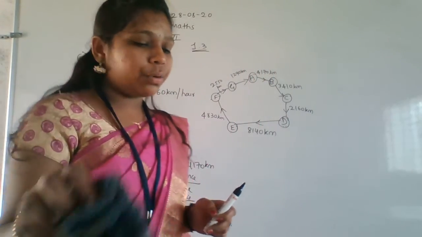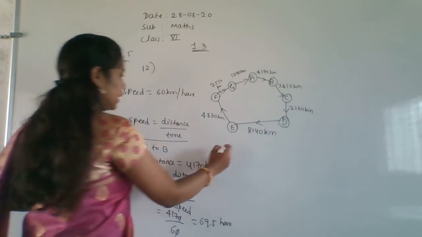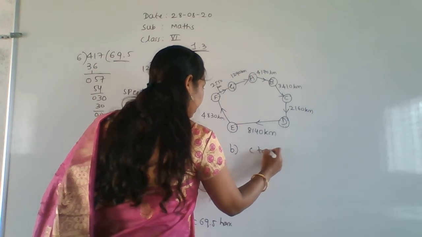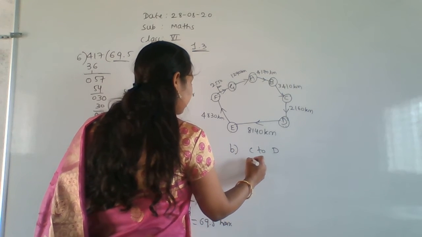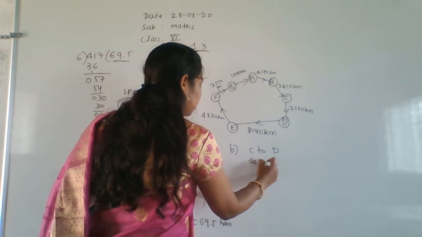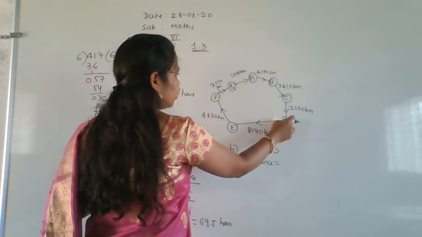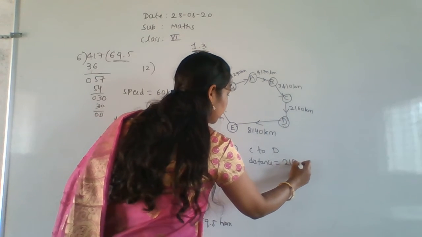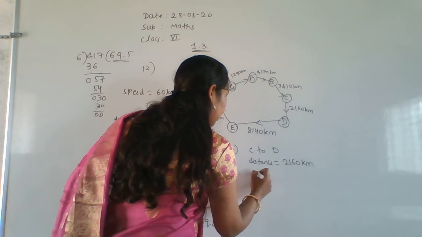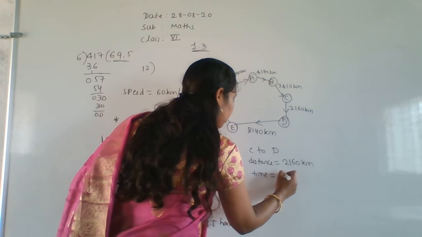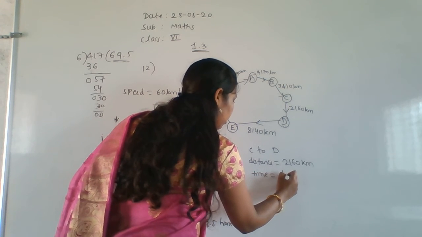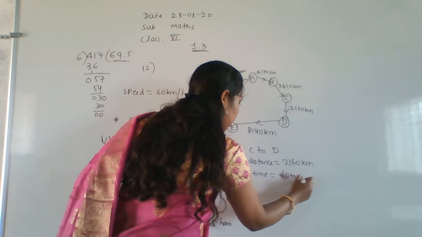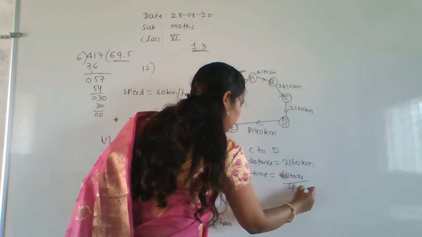Okay, so next, the second question, C to D. What is the distance from C to D? 2160 kilometers. Time is equal to what formula? Distance divided by speed.